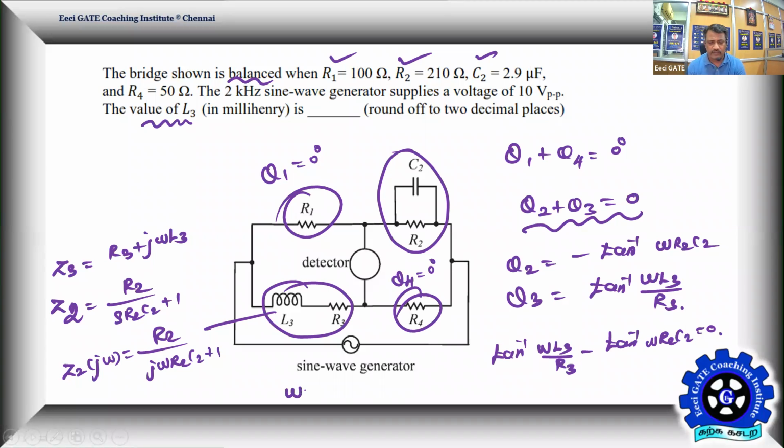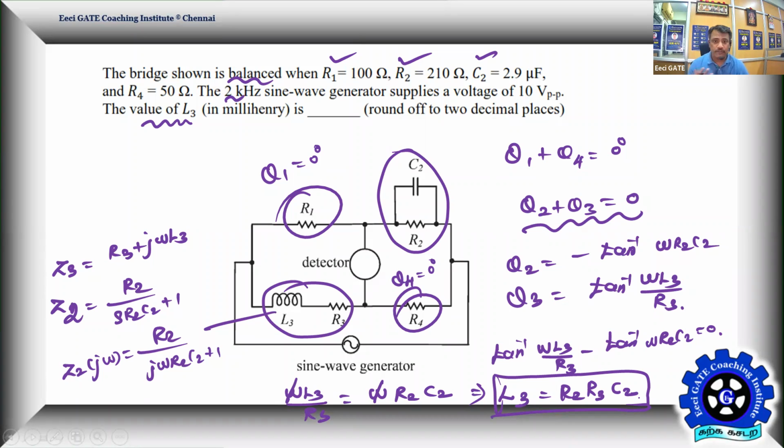If that is the case, ωL3 by R3 must be equal to ωR2C2. Is ω given? Yes, the frequency of excitation is given for the bridge. Anyway, ω is getting cancelled. So straight away from this, I can pick my L3. L3 is equal to R2 R3 C2. That's it, by a simple phase balance.